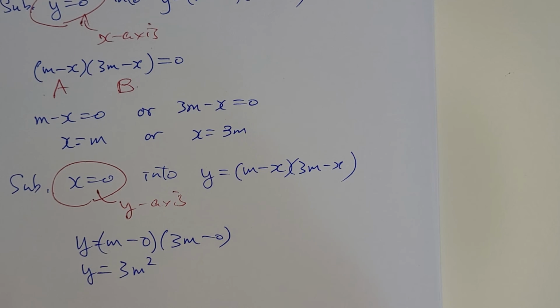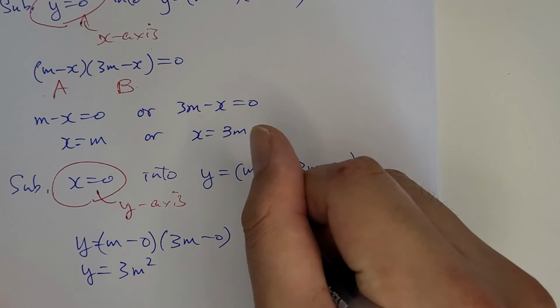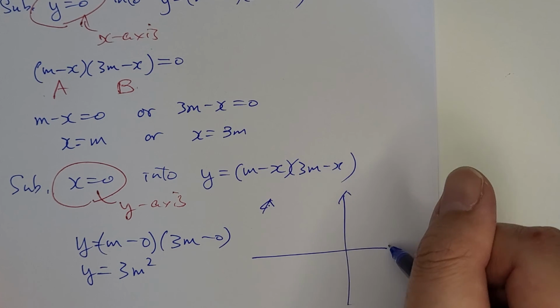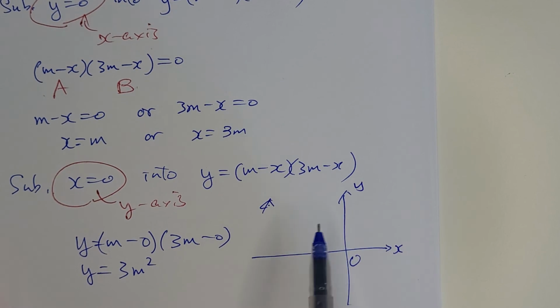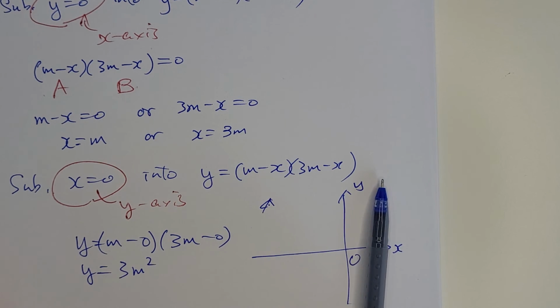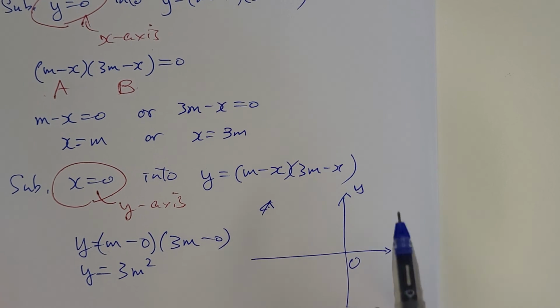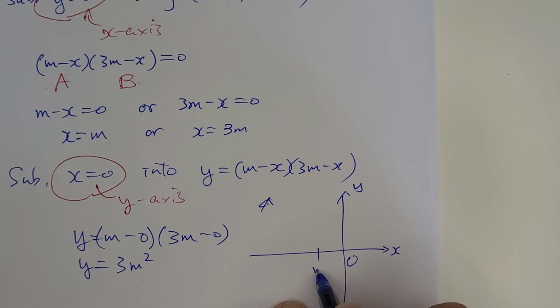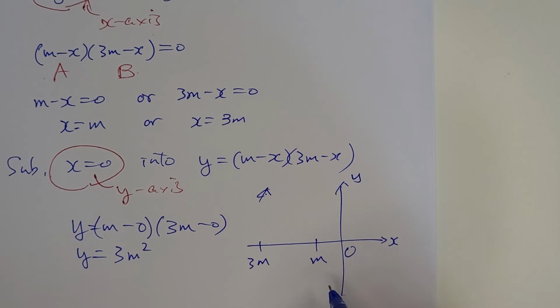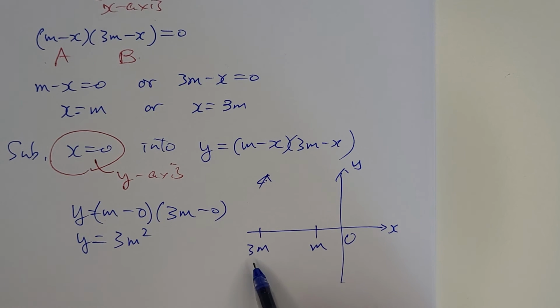Okay, let me sketch it here. Since you know that both x-intercepts are negative, you can shift the vertical axis more to the right-hand side. Suppose one of them is m and here will be 3m, because m is negative, when you multiply by 3, it will become more negative.